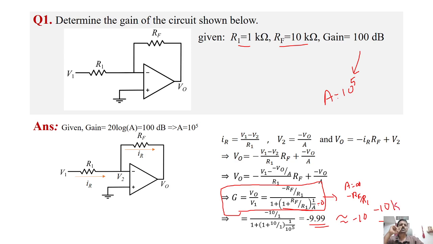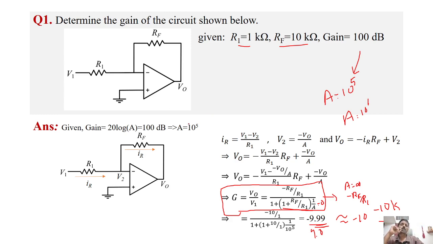So it is almost equal to minus 10, but still it is not exactly 10. There is a small change. If the gain is 10 power 6 or 10 power 8, it will be near the value of the ideal gain of an inverting amplifier. When A is lesser than that, the gain will be near 9.8 or 9.7. So that's how we find the gain of a non-ideal op amp.